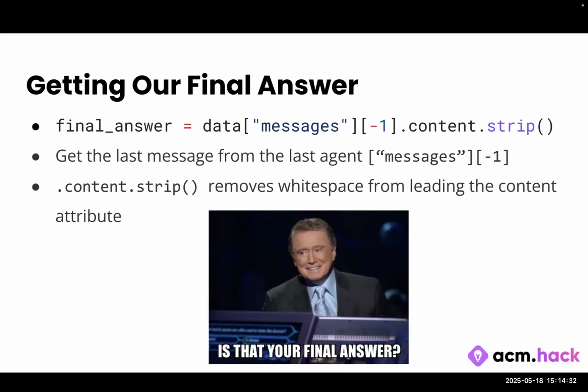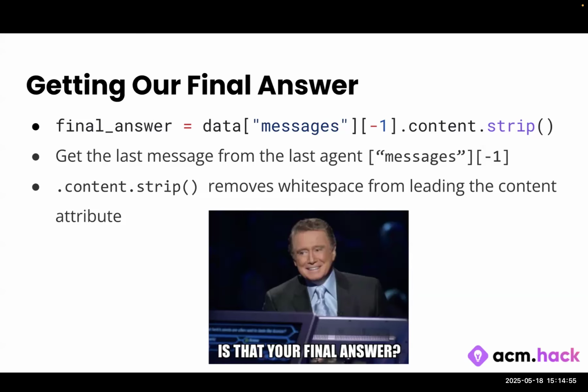So if you remember, data had the very last agent response. We're taking the message attribute from that last agent response, and we're getting the last message, which contains the final answer. We're removing the white space from that last message, and that becomes our final answer. So that little line of code is doing all of that processing. It's kind of cool. Don't worry if you're confused.